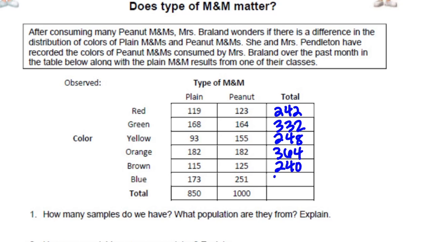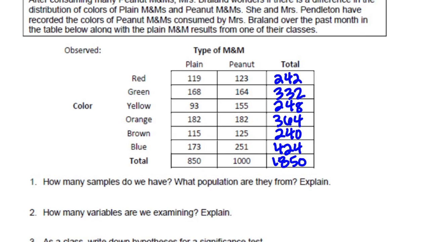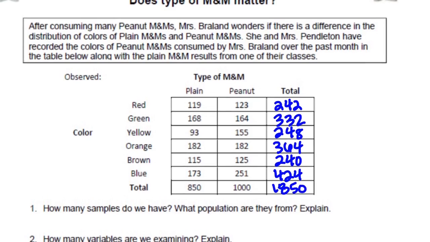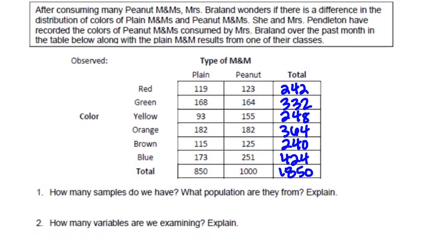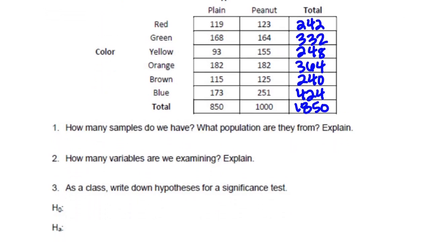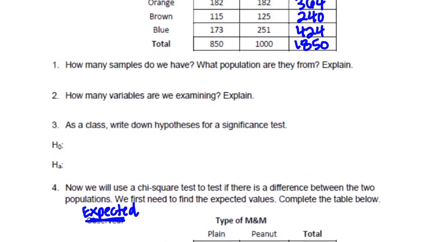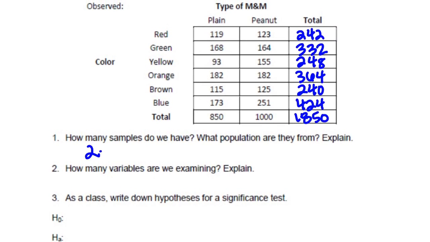That is where we'll start. First, how many samples do we have, and what populations are they? Miss Bailey and Miss Pendleton are wondering about the different types. We have 2 types of M&Ms, and that means that we had 2 samples: plain and peanut M&Ms.